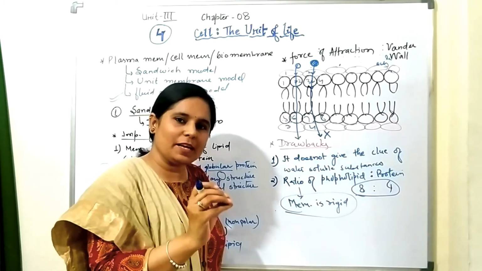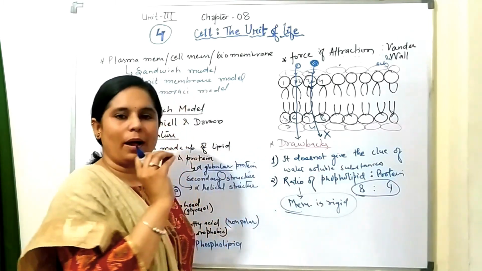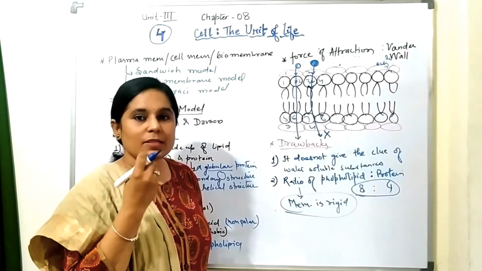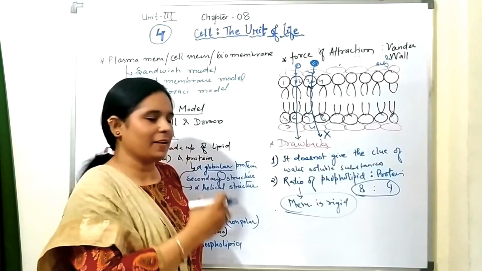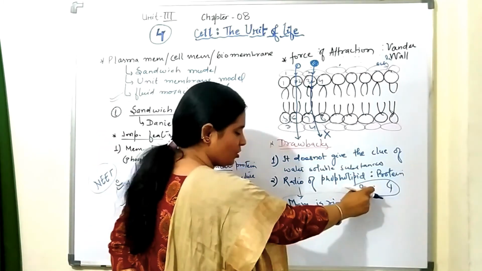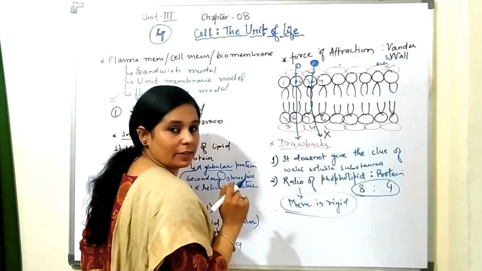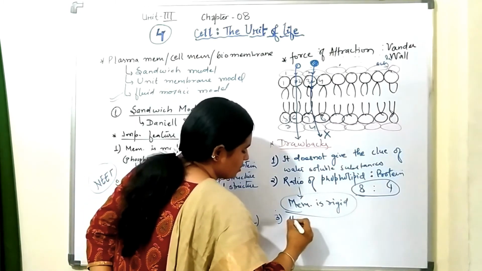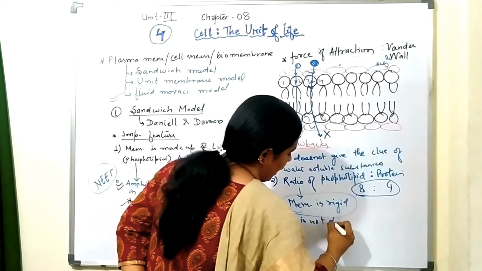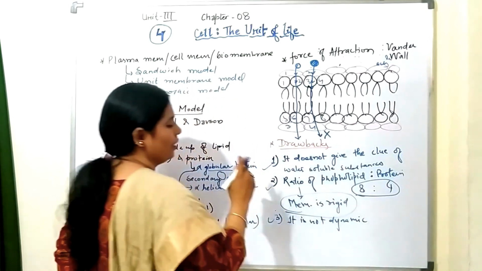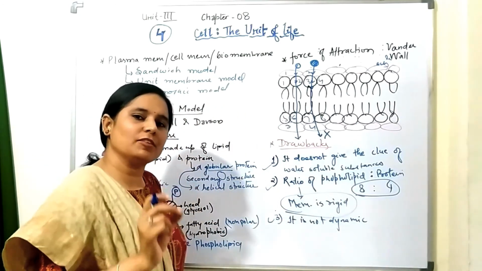For transportation, it is very necessary that the membrane be flexible and dynamic, then only will transportation happen. So if the ratio is not changing, it gives the clue of a rigid nature, plus it is not dynamic. So these are the 3 drawbacks of the sandwich model.